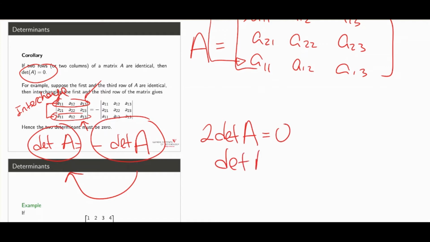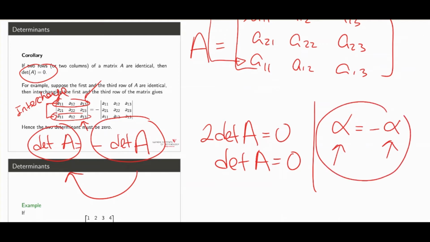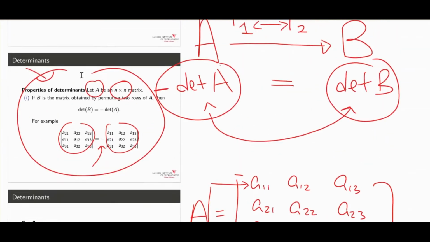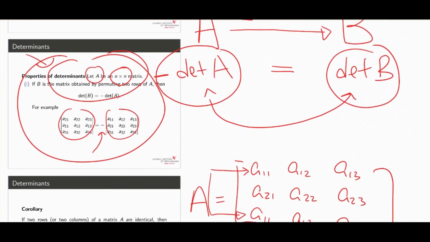So you will have the determinant of A equal to 0. In general, if you have a number alpha equal to negative alpha, then this number has to be 0, because any non-zero number would not satisfy this equation. So that is one of the consequences of this first property of the determinants of a square matrix.